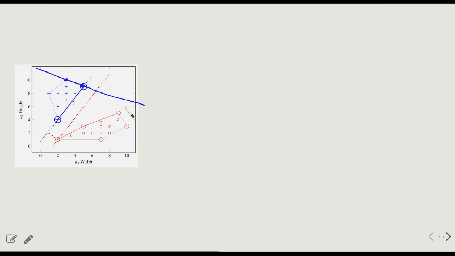The second condition is that data points in the other class should be on the other side. Okay, and so when we look at the red data points, they are also on the same side. And so this is not a support vector that we should consider. So we dismiss it. Now let's take a look at another.